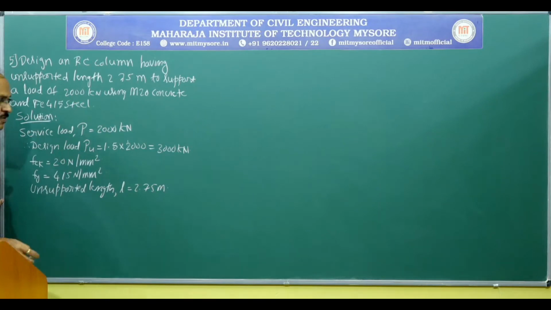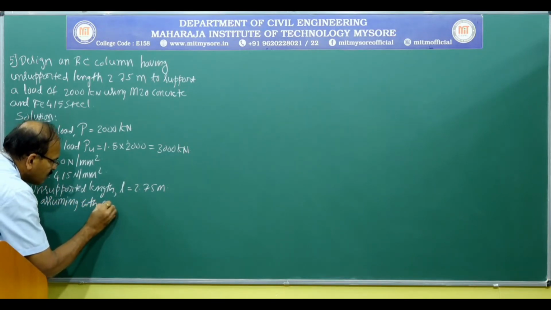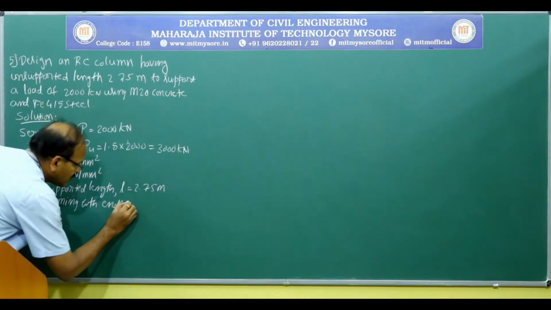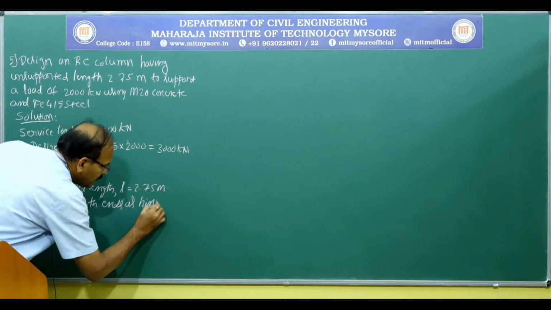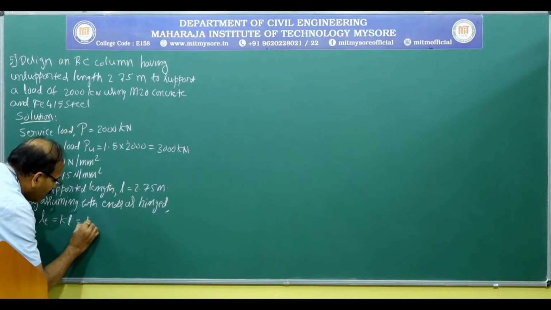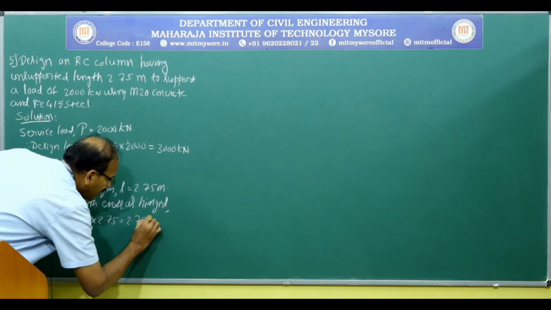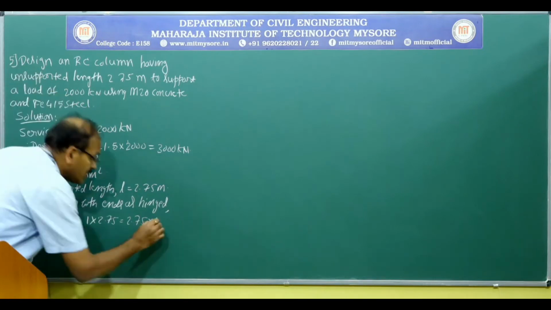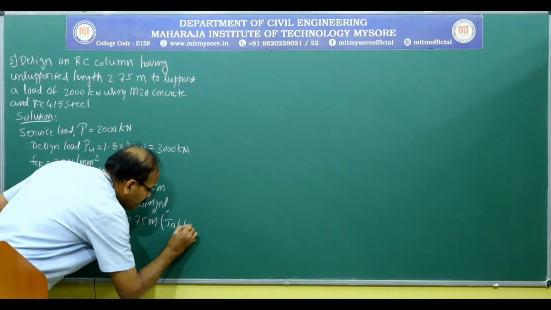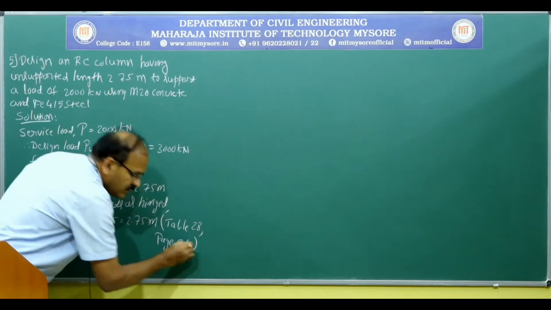Okay, so by assuming both ends as hinged, the effective length LE equal to K times L, where K equal to 1. So L is 2.75, that is equal to 2.75 meter is the effective length. So this is as per Table 28, page 94 of the code book.